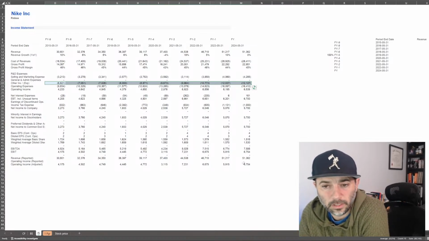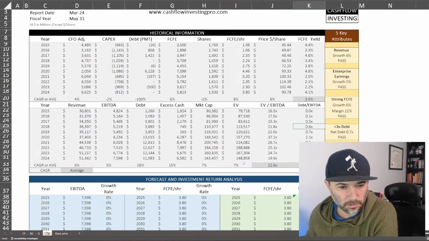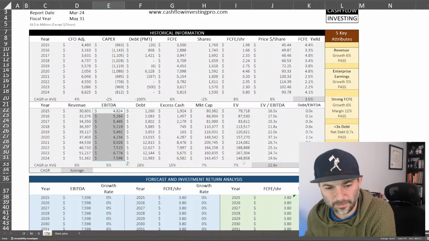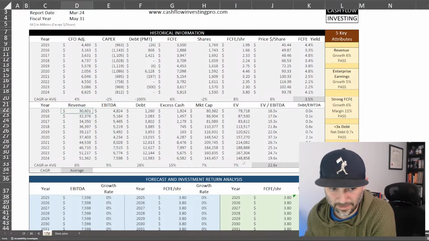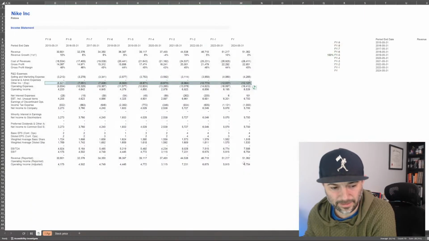That's double. And revenue hasn't doubled. Has earnings doubled? Not really. See that? 4.8 of EBITDA to 7.6, not doubled. Revenue 33 to 51, not doubled. Cash flow 4.4 to 6.6, not doubled. Yet their operating expense has doubled.